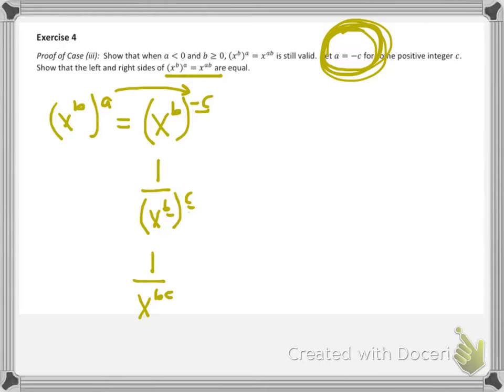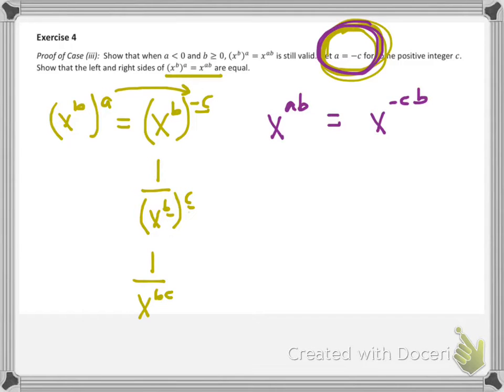On the right side, we start with x to the a, b, and we're going to replace a with a negative c. So we would have x to the negative c times b power.